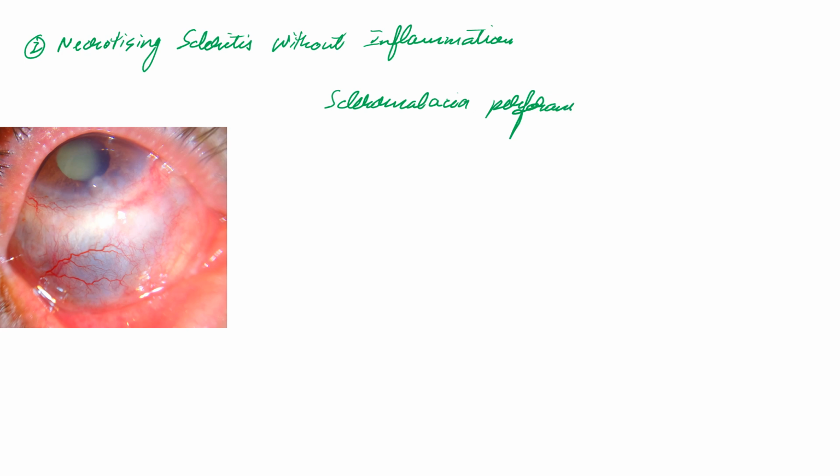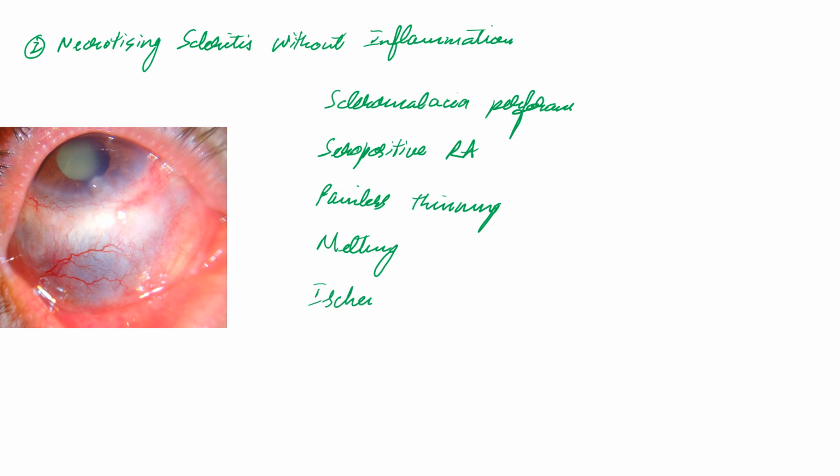It is usually associated with seropositive rheumatoid arthritis. In such cases, there will be painless scleral thinning and there can be melting in severe cases. It is thought to be because of ischemia.